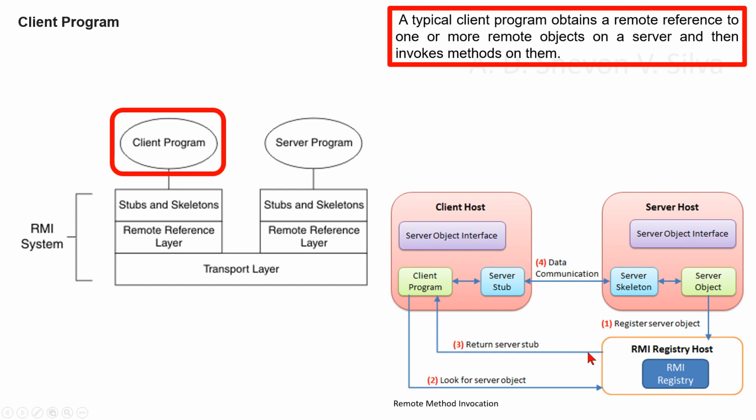The RMI registry host returns the server stub to the client program. The client program interacts with the server stub. The server stub does the data communication with the service skeleton, and the service skeleton interacts with server objects.